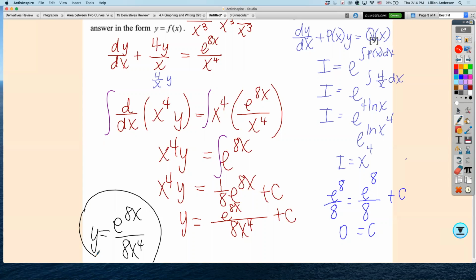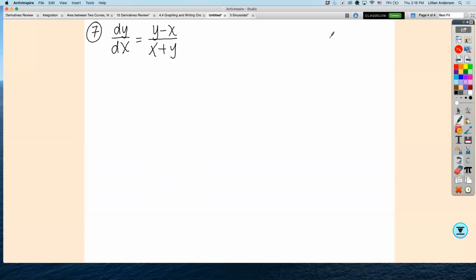So from the homework, which means that dy over dx is equal to what? So this was homogeneous?